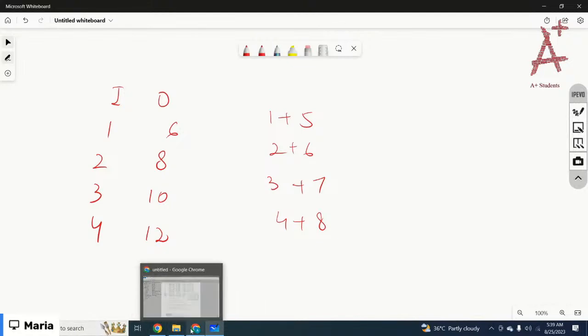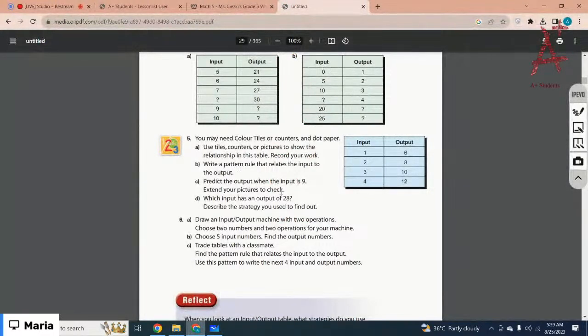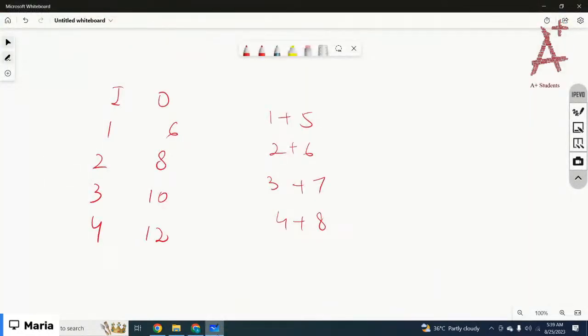You have to perform two operations. Okay, hold on. 2 plus 4 is 6, 2 plus 6 is 8.